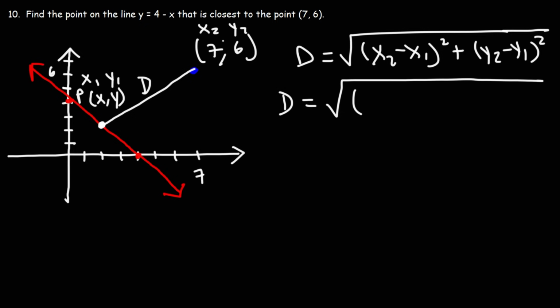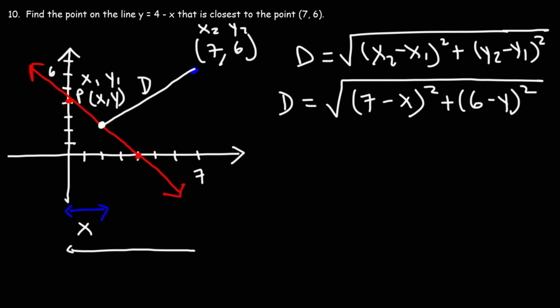So let's replace x2 with 7, and x1 we're going to replace with x. y2 is equal to 6, and y1 we're just going to replace with y. So we have this equation. Now just so you can understand what's happening here, this distance is x. This distance is 7. If we turn this into a right triangle, the base of that right triangle is the difference between 7 and x.